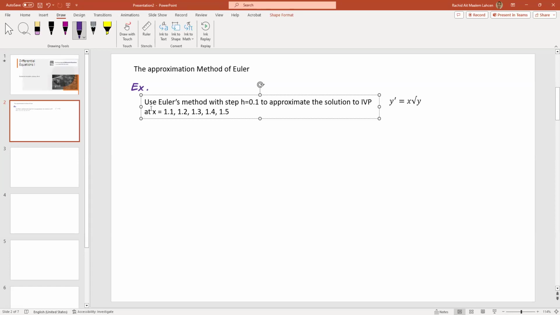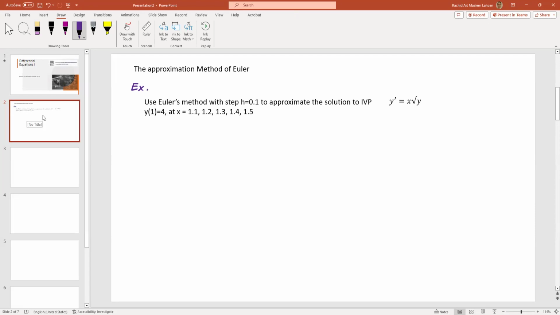For this to be an IVP, we need the initial condition. Okay, let's do this one here: y(1) equal 4.